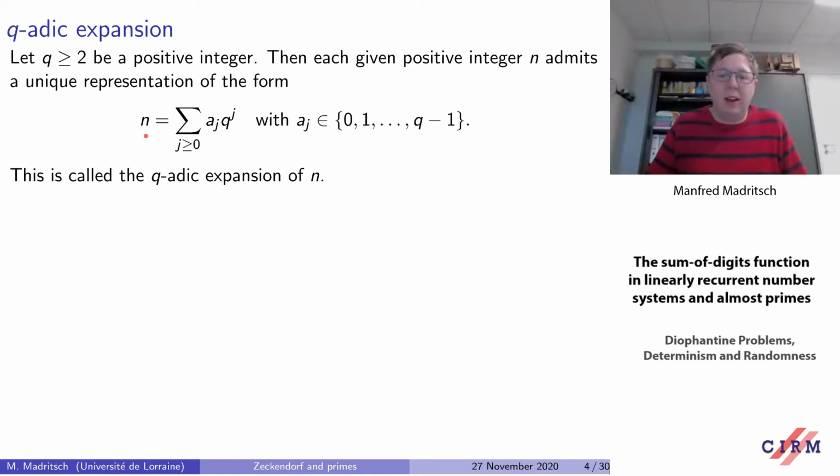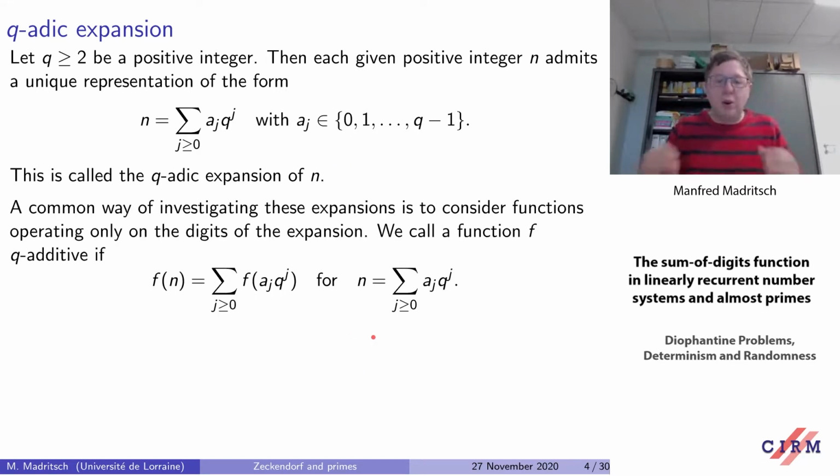If you are looking at the expansions, one way to analyze them is to look at functions f of n that only look at the digits of the expansion. They are either q-additive, if you sum up the evaluations at the digits, or q-multiplicative if you take the product of these evaluations.